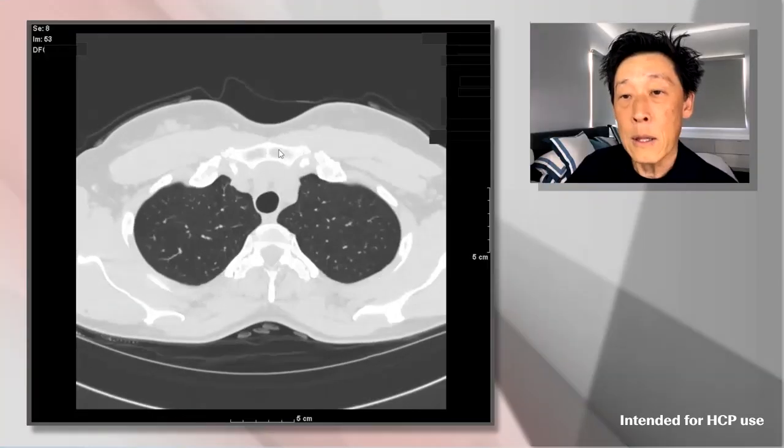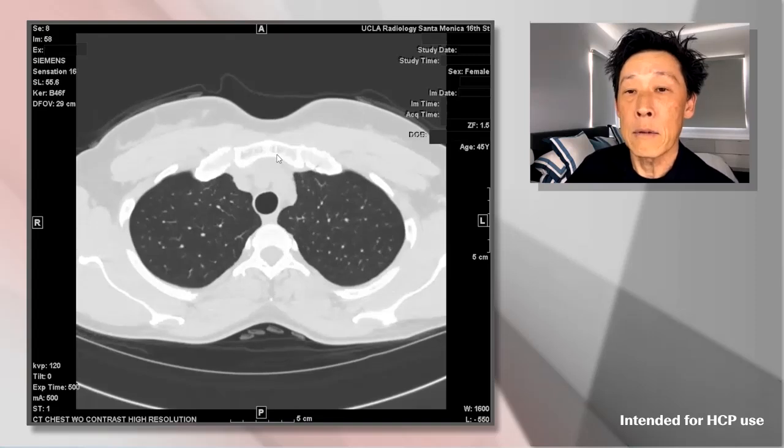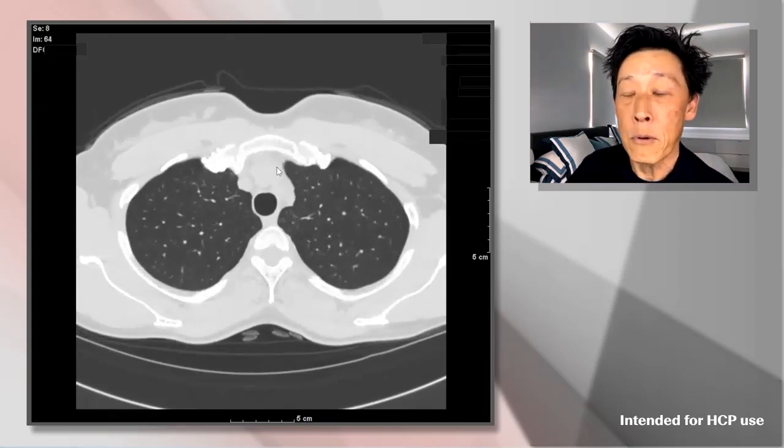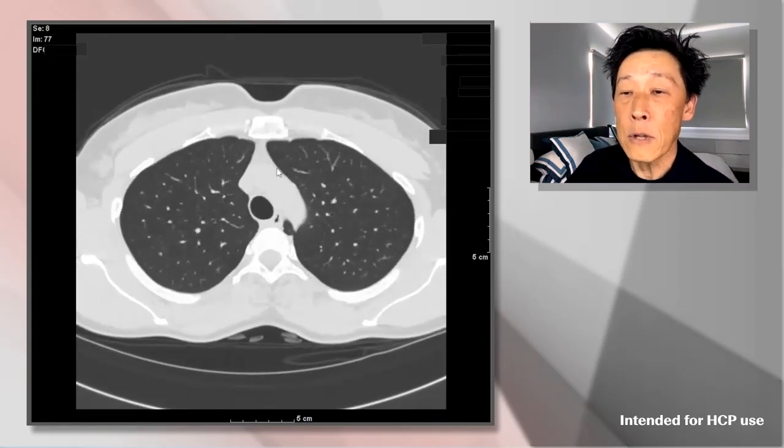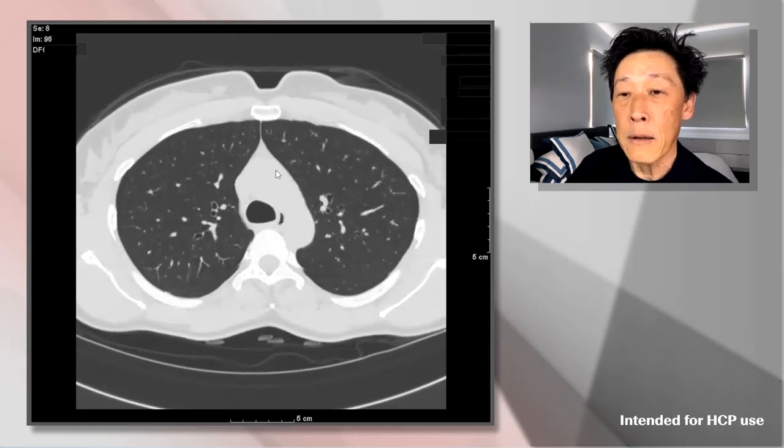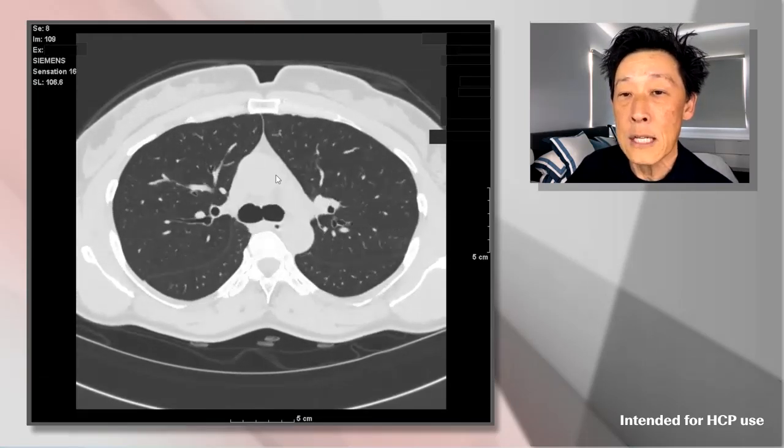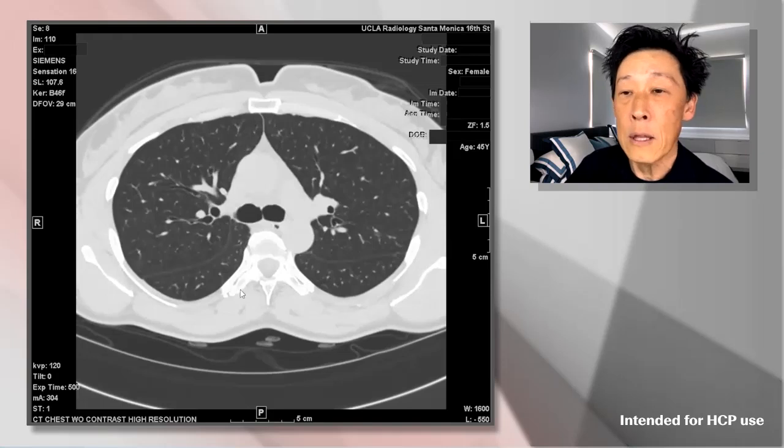lungs. One of the things that we'll talk about is the difference between central and peripheral. And by central and peripheral, we're really talking about not so much the location in the chest, but what's happening with the locations within the lung.